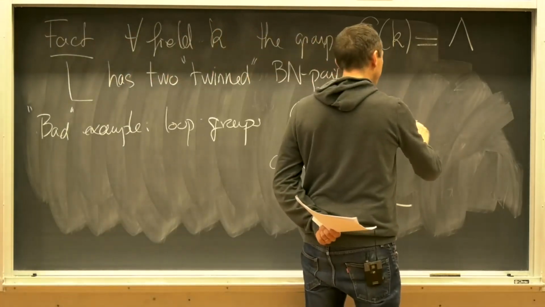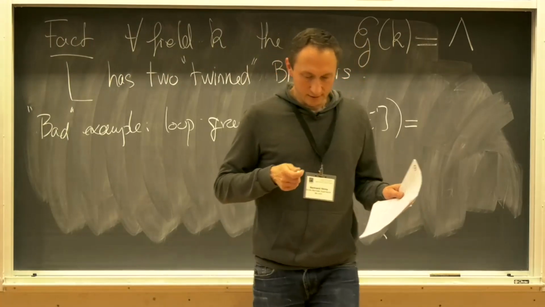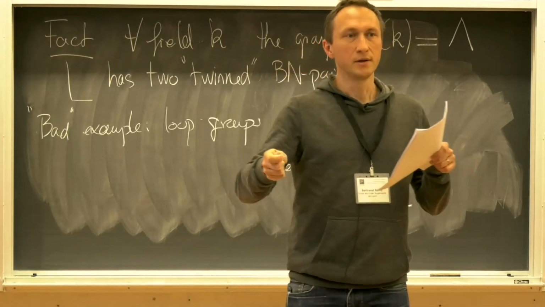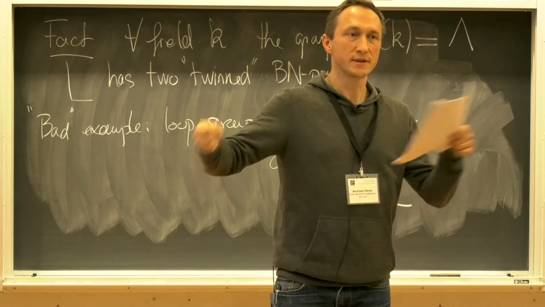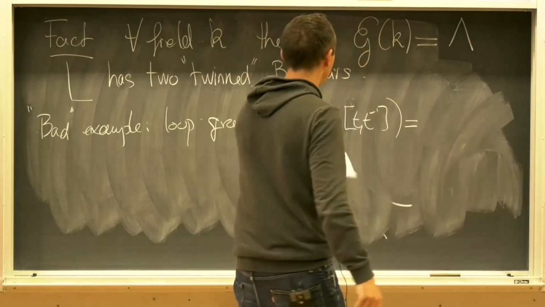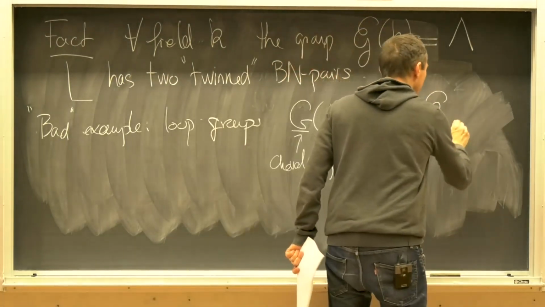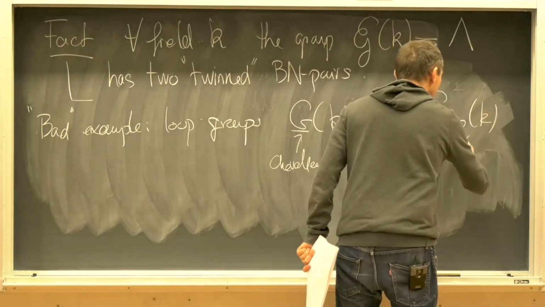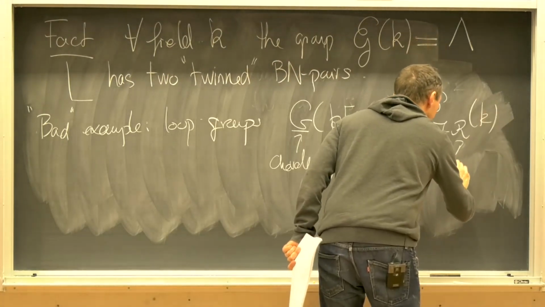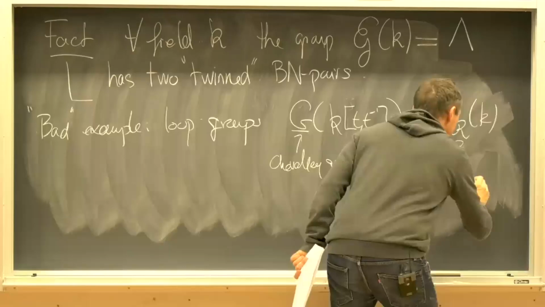It will be a Kac-Moody group, provided you do what Vladimir did this morning. You go back and forth between polynomials and coefficients of polynomials. So this is G_R of K for some affine Kac-Moody datum.